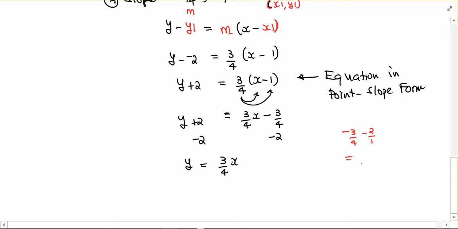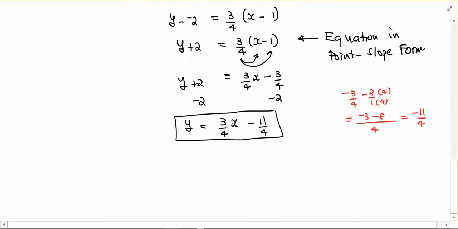We need an LCD, 4. So if I multiply that by 4, I've got to multiply this by 4. That's -8. That's going to be -11/4. So there you go. That is the equation in slope intercept form.